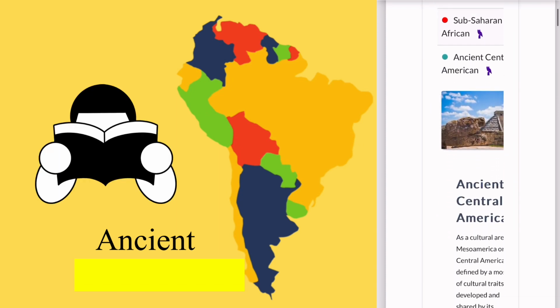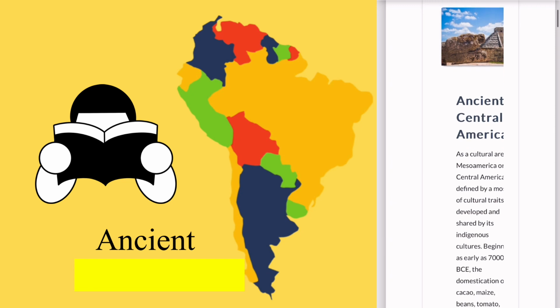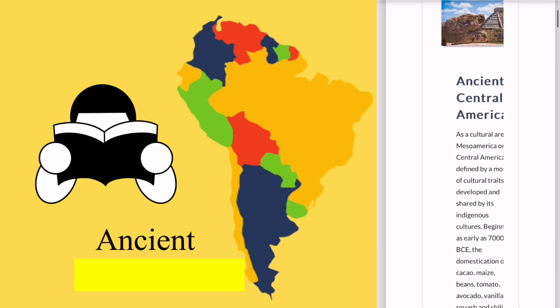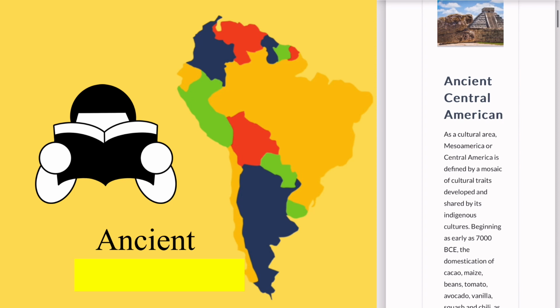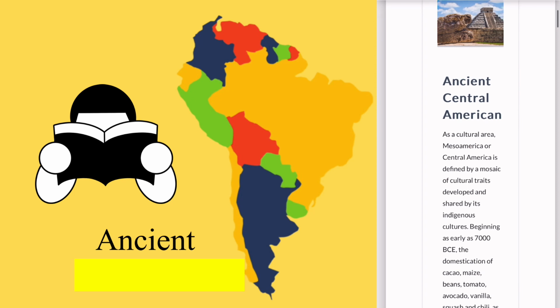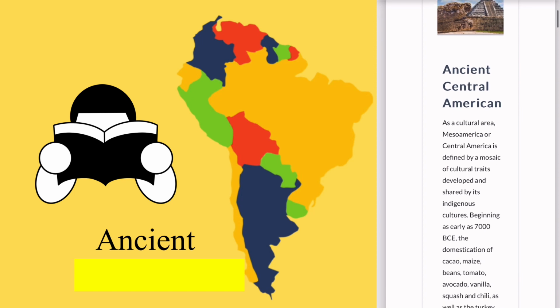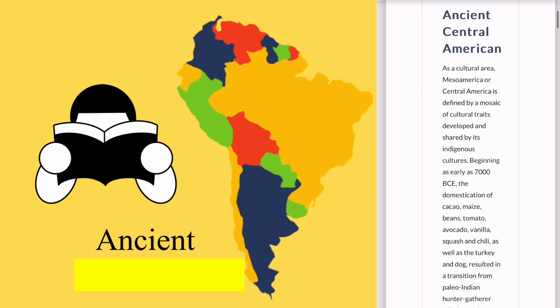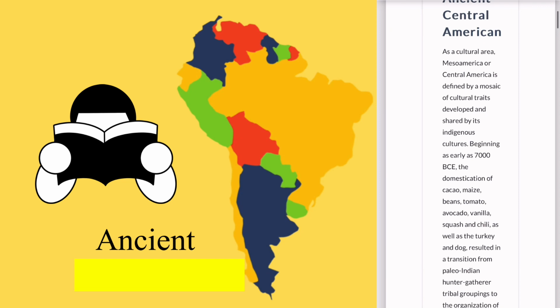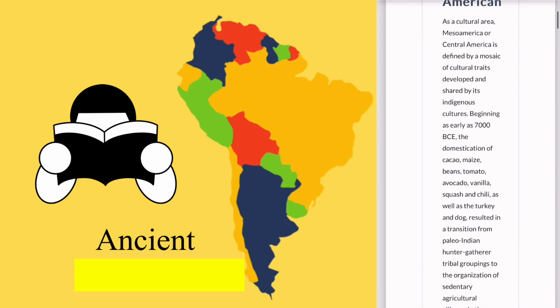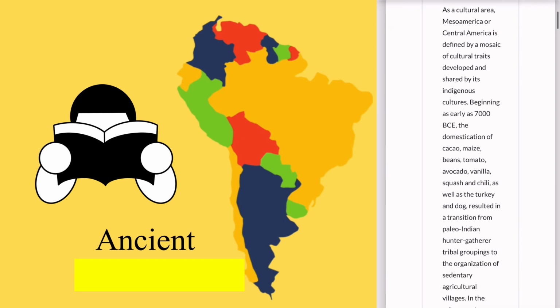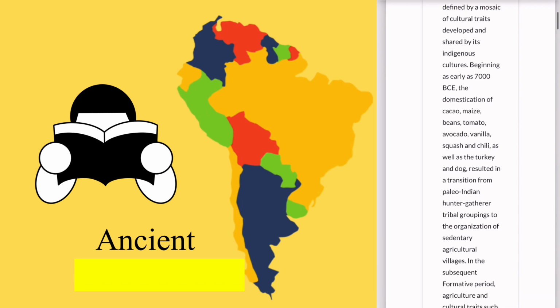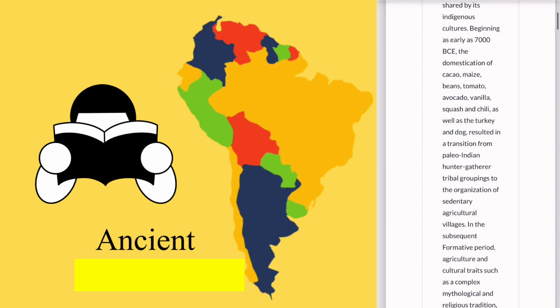Ancient Central American. As a cultural area, Mesoamerica, or Central America, is defined by a mosaic of cultural traits developed and shared by its indigenous cultures. Beginning as early as 7000 BC, the domestication of cacao, maize, beans, tomato, avocado, vanilla, squash, and chili, as well as the turkey and dog, resulted in a transition from Paleo-Indian hunter-gatherer tribal groupings to the organization of sedentary agricultural villages.